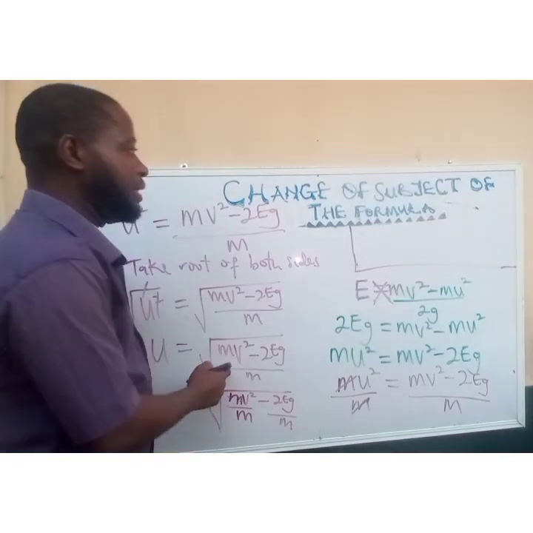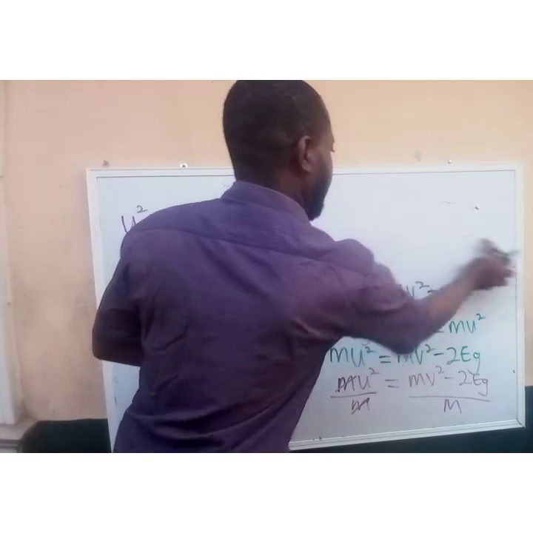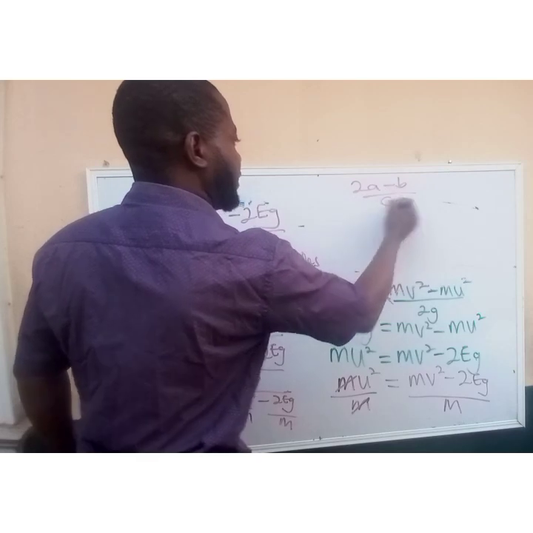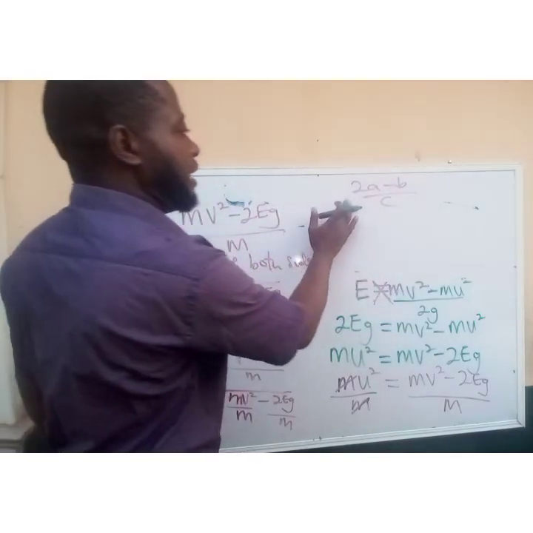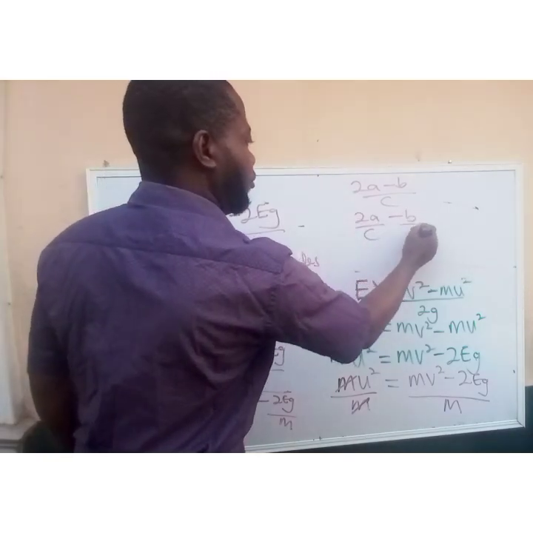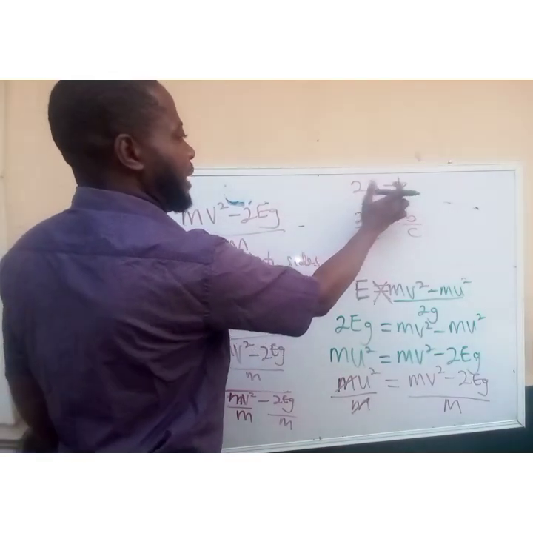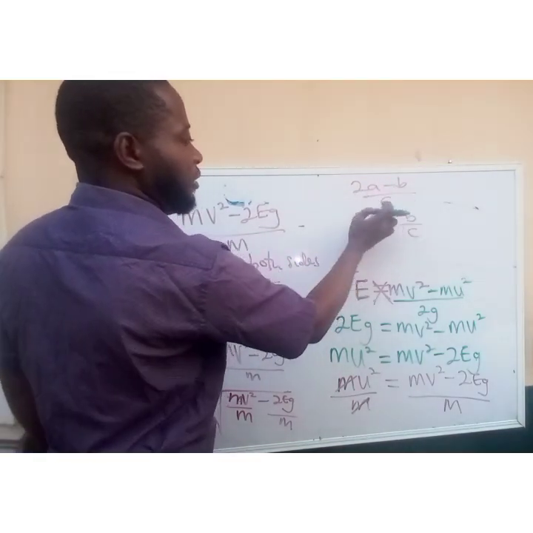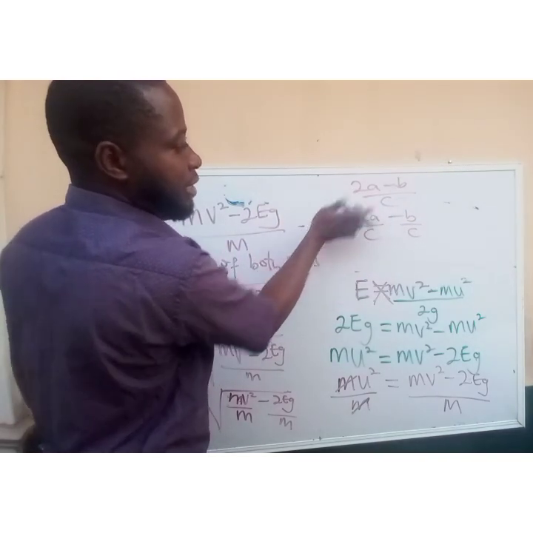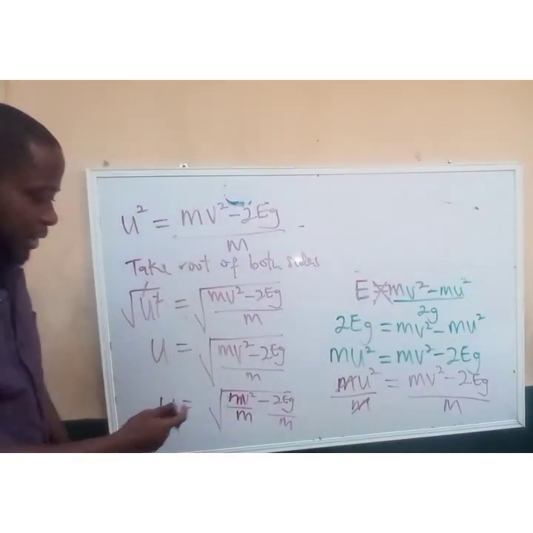What this simply means is that, for example, if I say 2A minus B all over C, this simply means 2A all over C minus B all over C. It means that for 2A minus B, the denominator is C, so they both share the C. So the same thing is applicable here.